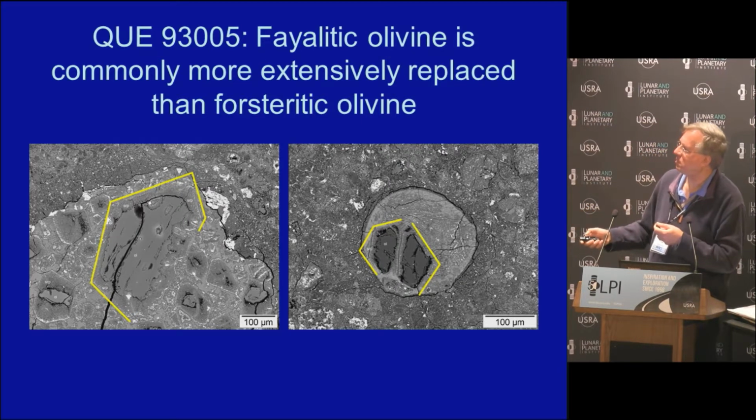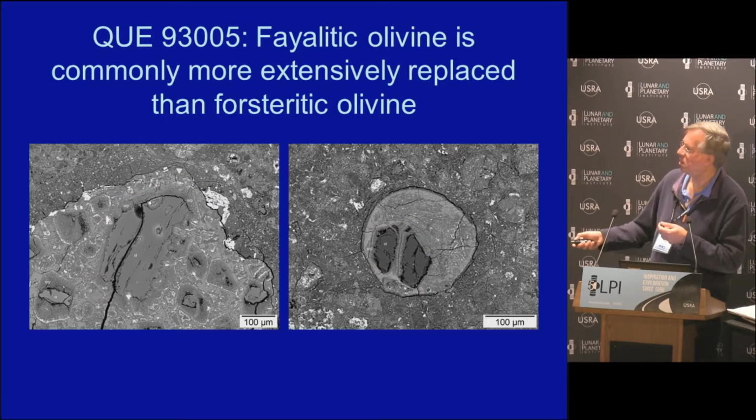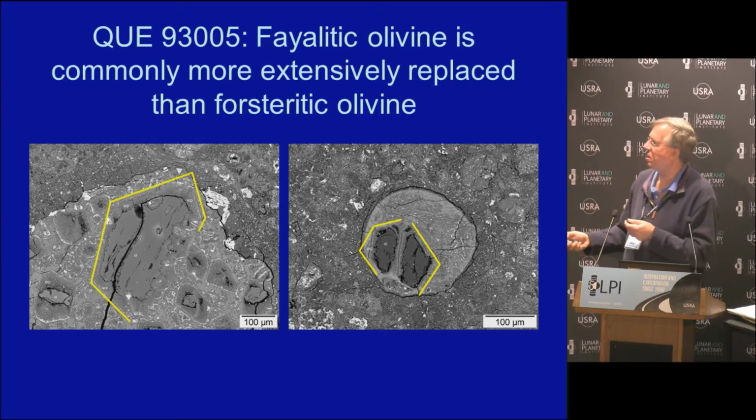And furthermore, some of the iron-rich olivine remnants and the pseudomorphs around them clearly show decorations of iron sulfides that you don't see in the same meteorite, in the same class, basically, around the serpentines replacing the magnesium olivine.